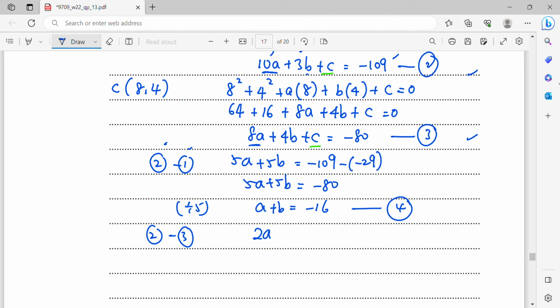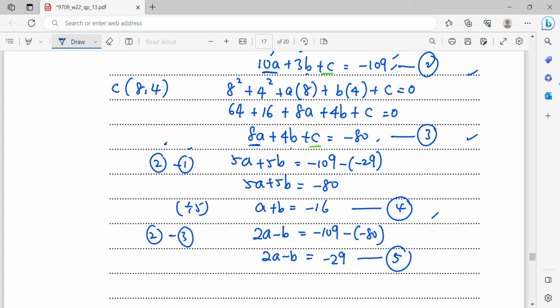Then 3b minus 4b is minus b. The c will be cancelled off. Then I will get negative 109 minus 80 for the right hand side. So from here, 2a minus b is negative 29. Okay, so we cannot further simplify this anymore, just leave it as equation 5.